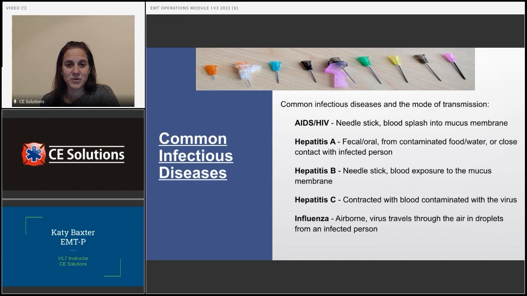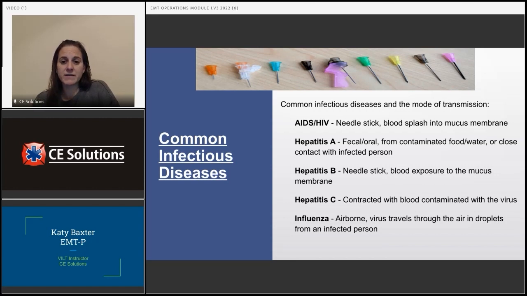They also report that there are over 385,000 healthcare workers that are accidentally stuck with needles every year, dirty sticks.